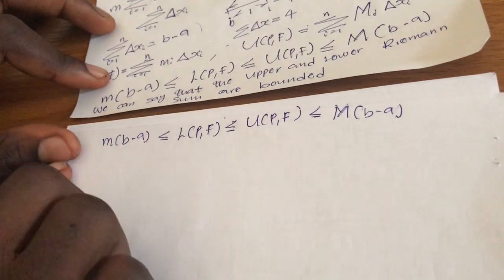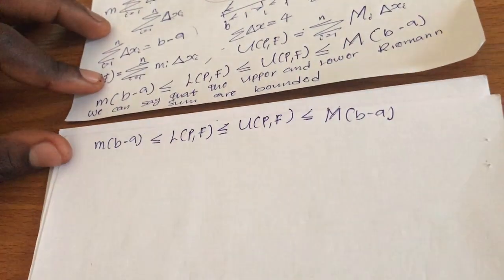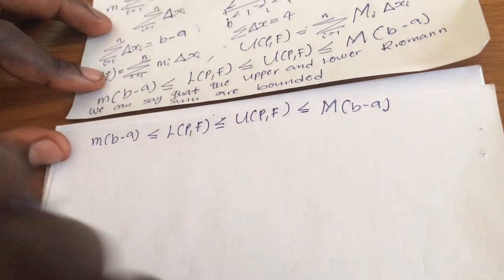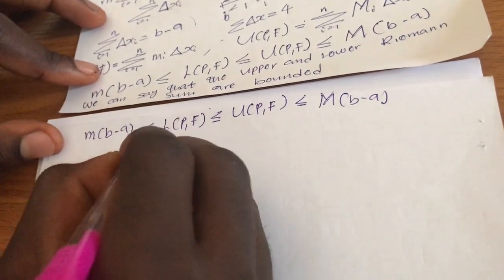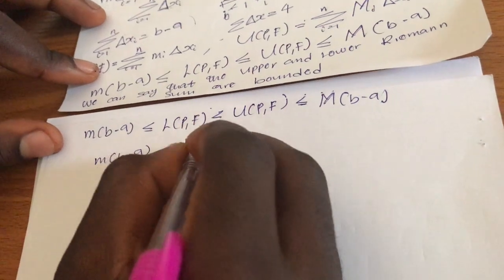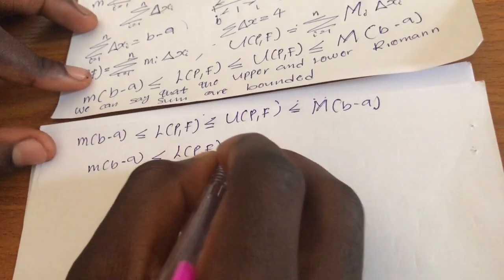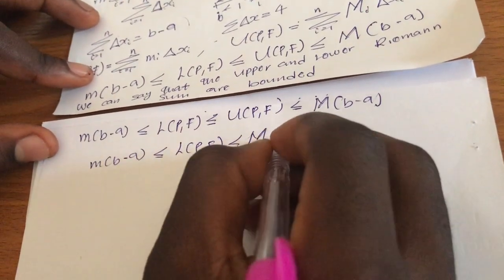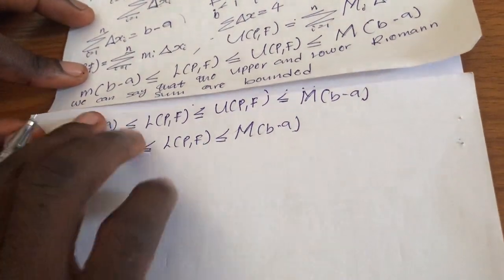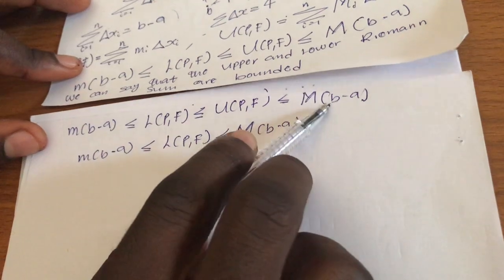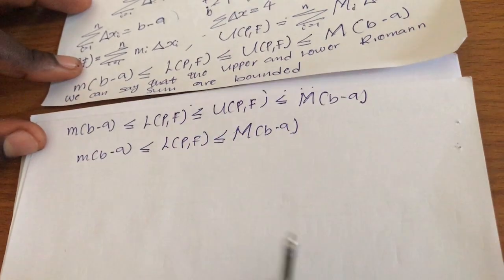Now, we can just say this. Do you agree? From here, is this one not less or equal to this? It's true. So I can pick it.